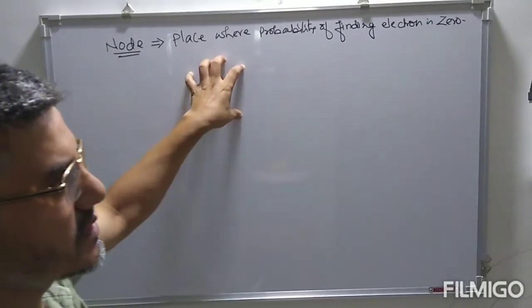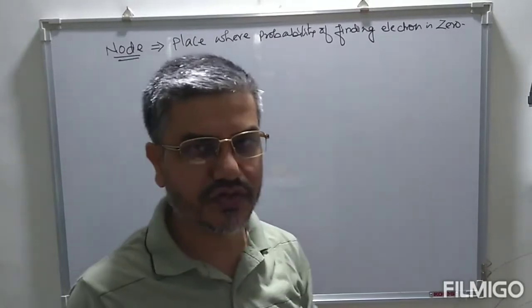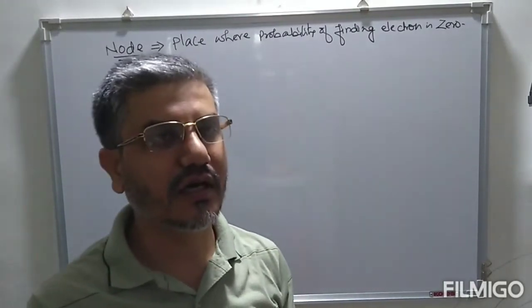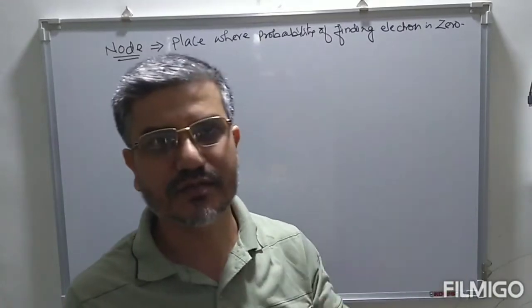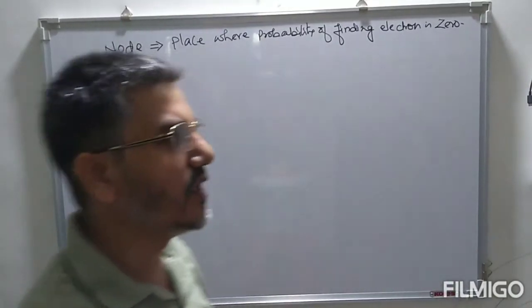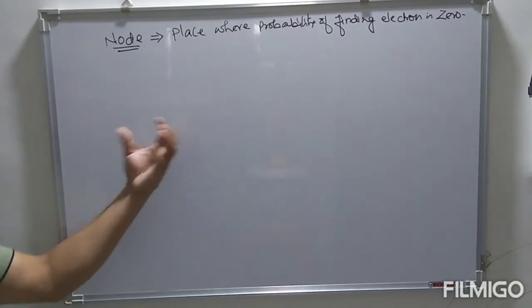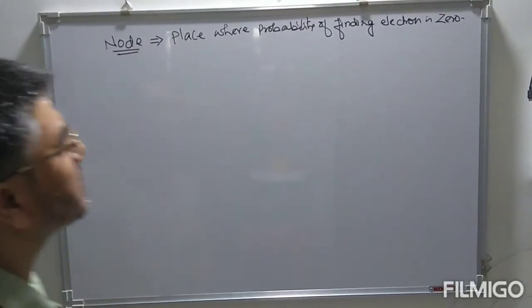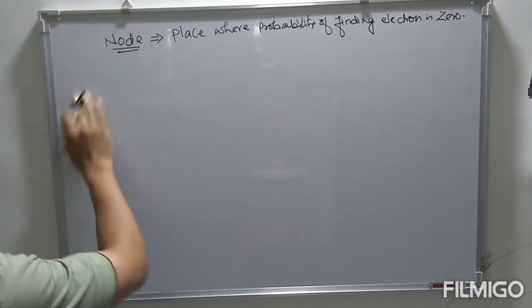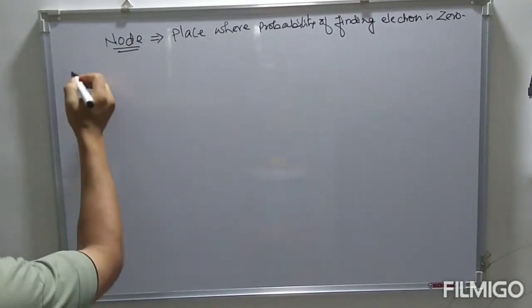Now, while solving this wave equation in R, theta and phi, that is the wave function which represents electrons in an atom, some important results come out, and those important results are known as quantum numbers.